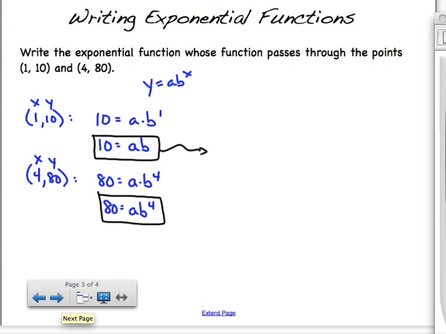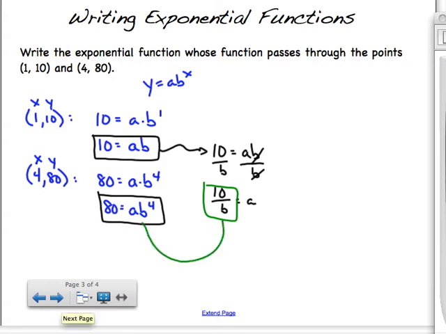I'm going to choose to solve for a. If I try and solve for a, I need to divide by b on both sides. The b and b cancel out, so I now have 10 over b is equal to a. So if that's the case, I'm going to take what a is equal to, 10 over b, and plug it in wherever I see an a in that second equation.